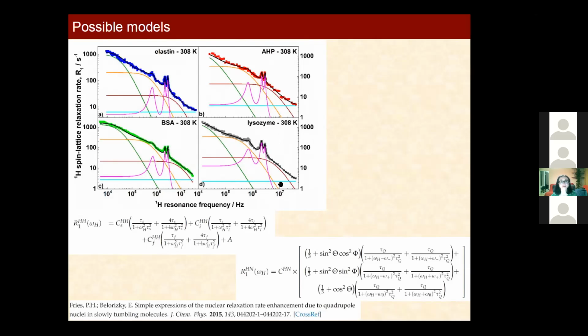Therefore, at some magnetic fields, the proton Larmor frequency will match one of the nitrogen transition frequencies between its energy levels.